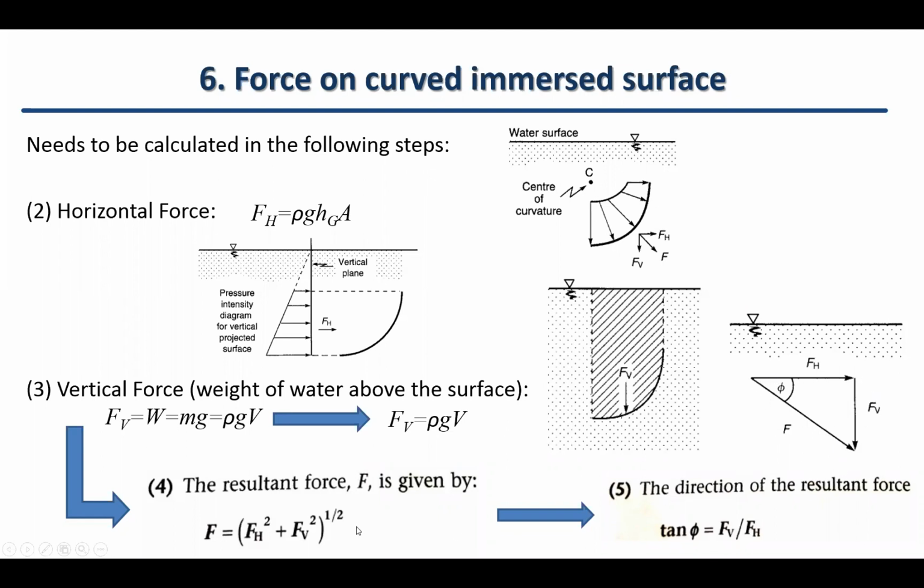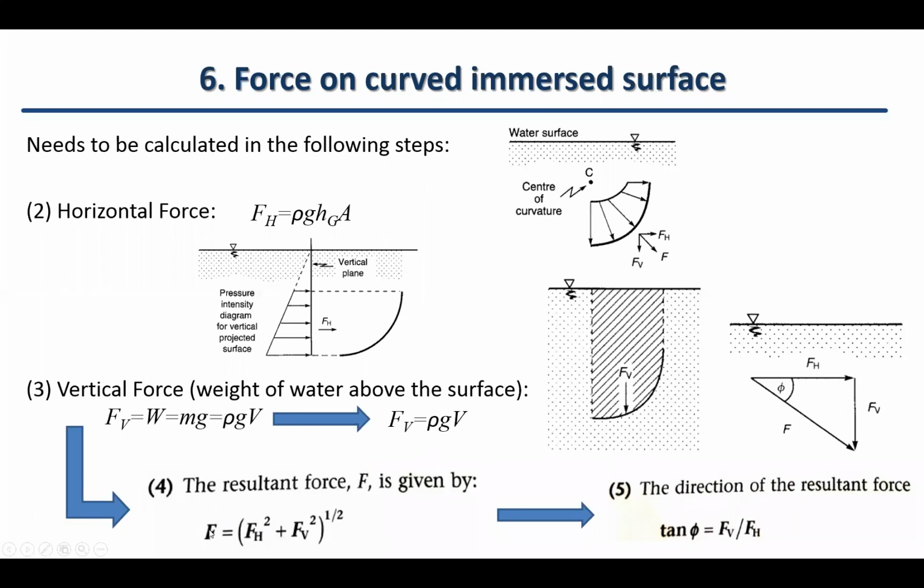So F, based on Pythagoras, can be calculated as the square root of the sum of the squares of the two components. F is equal to the square root of FH squared plus FV squared.